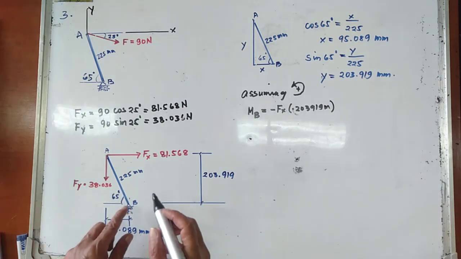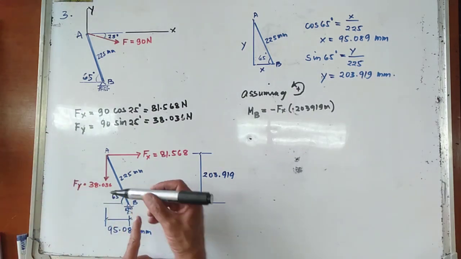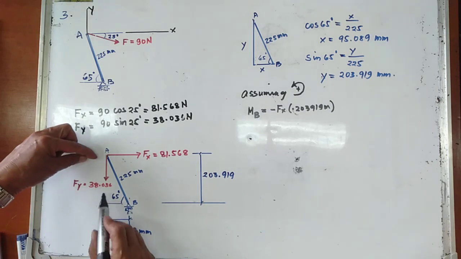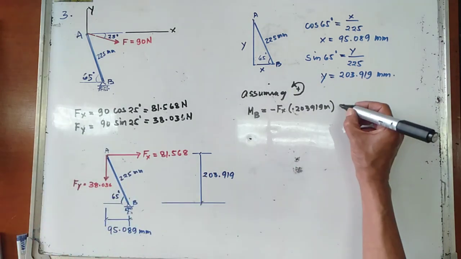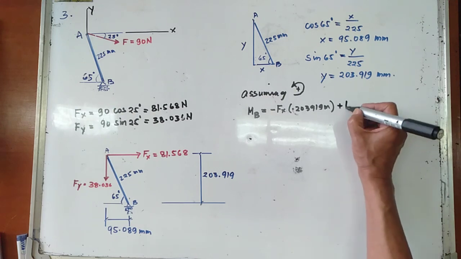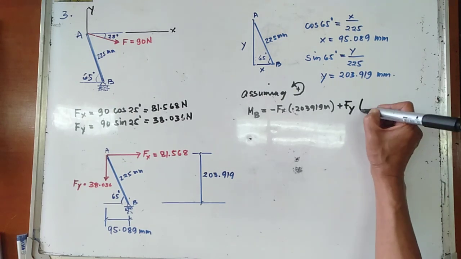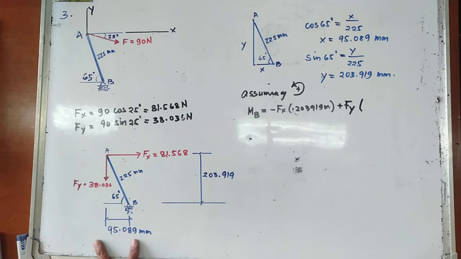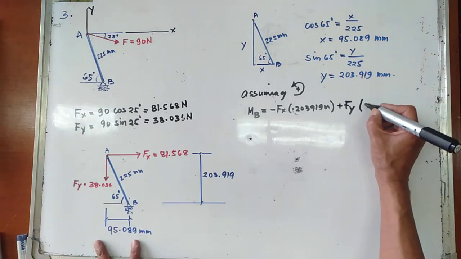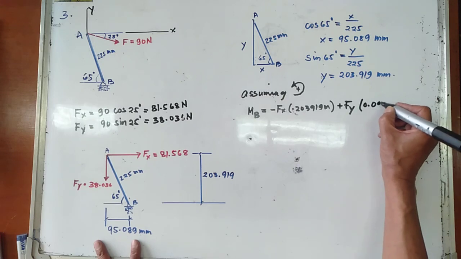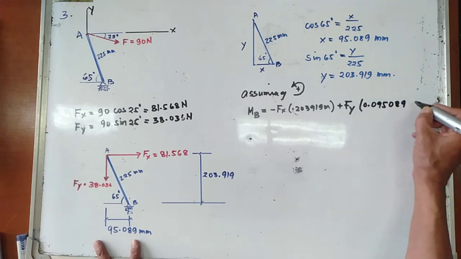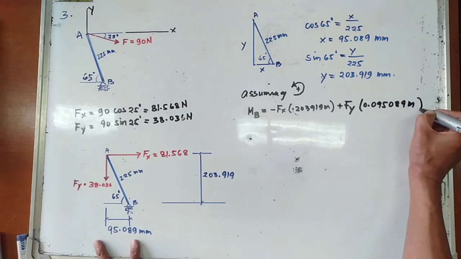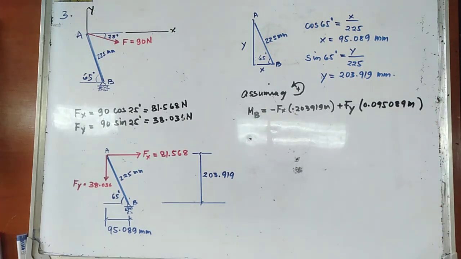Now, the moment of Fy about point B is going counterclockwise about point B, so plus Fy, and this is 95.089 mm, or 0.095089 meters.